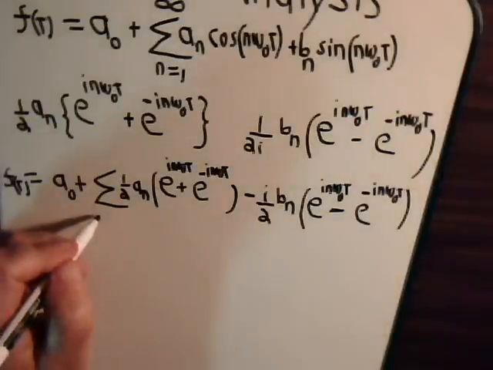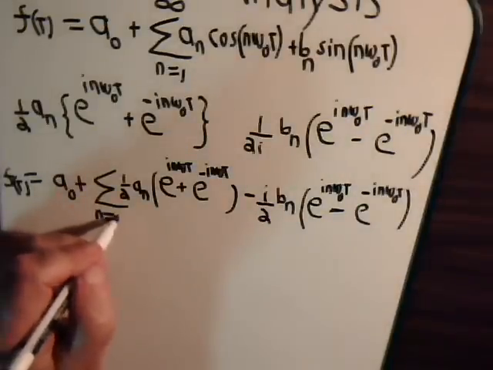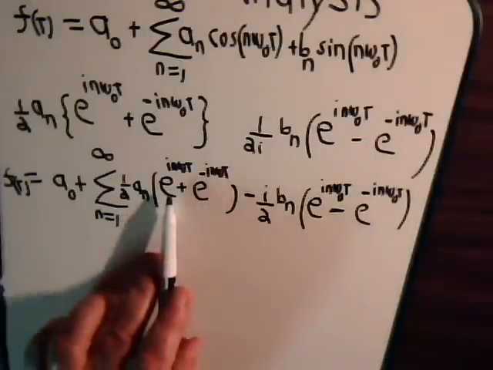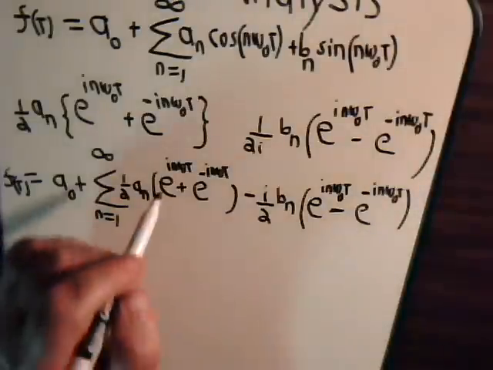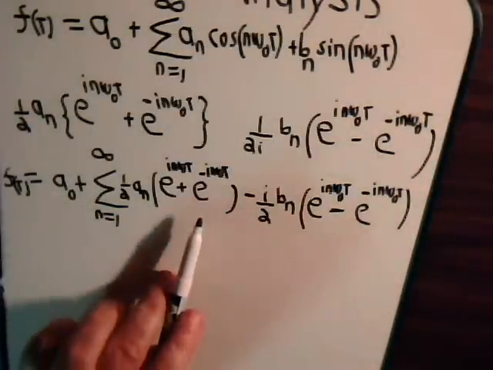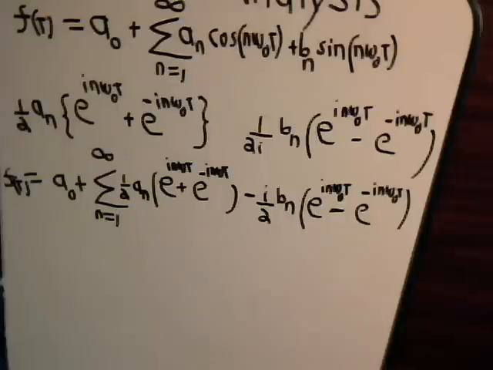And of course this is all a sum from n equals 1 to infinity. Now let's look at this. Here we have e to the I n omega t, and here we have e to the plus I n omega t. And here we have e to the minus I, e to the minus I.